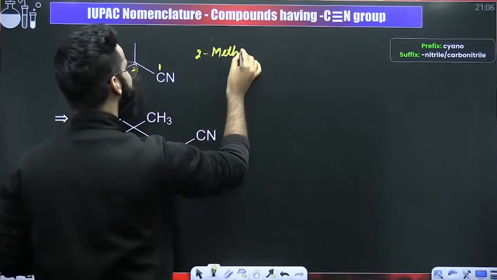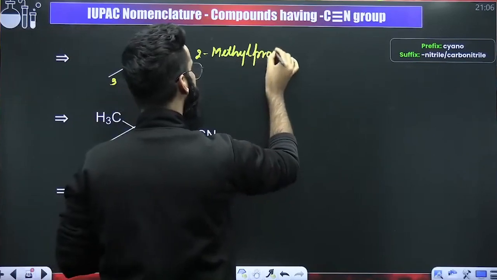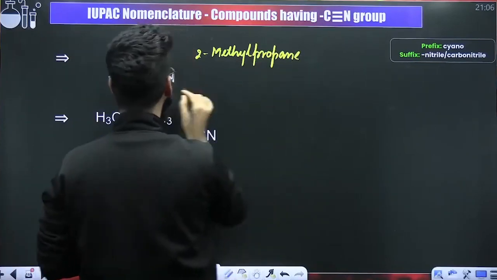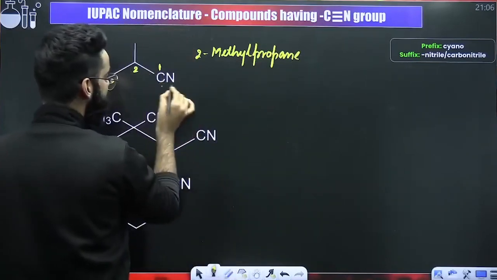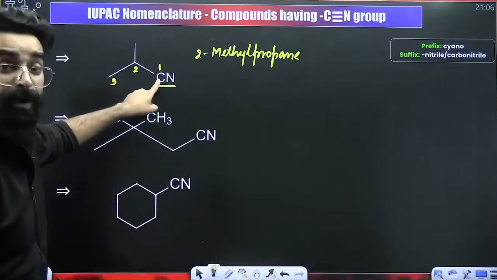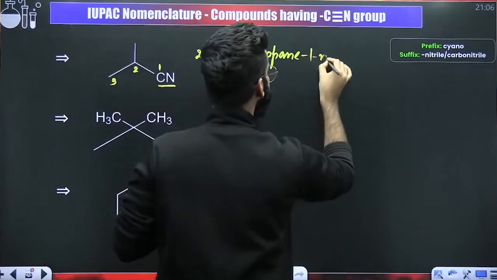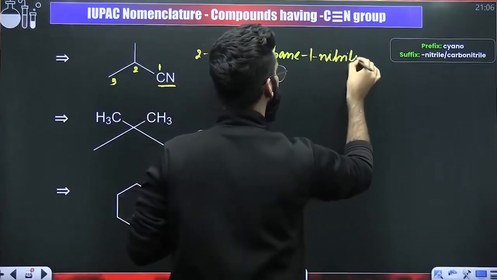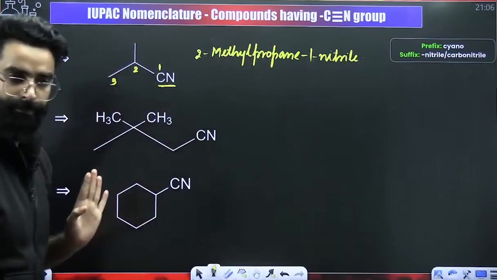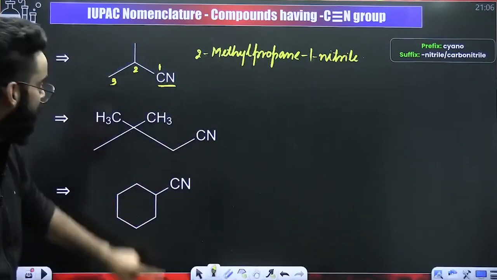In the main chain, 3 carbon atoms, 2-methylprop, everywhere single bond, so it's ane, and this is the CN group. Now, carbon of cyanide is the part of main chain. Suffix used has to be nitrile. So 1-nitrile.